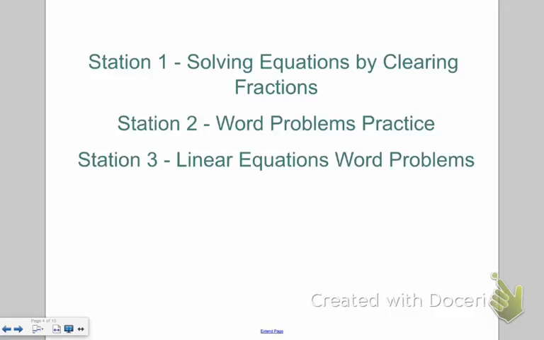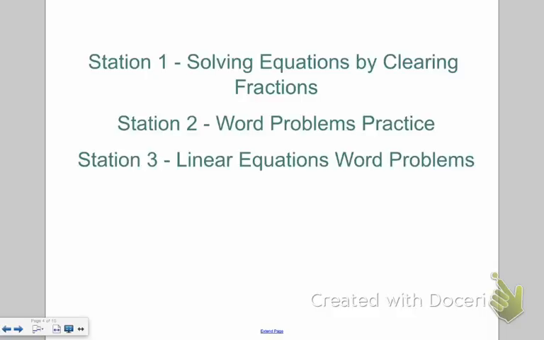Now we do have our benchmark 3 coming up this Thursday. So we have 2 different stations on work that we are practicing based on solving equations. First you're going to practice what we just learned on solving equations by clearing fractions. When you're done with that, you'll look at some word problems relating to that.